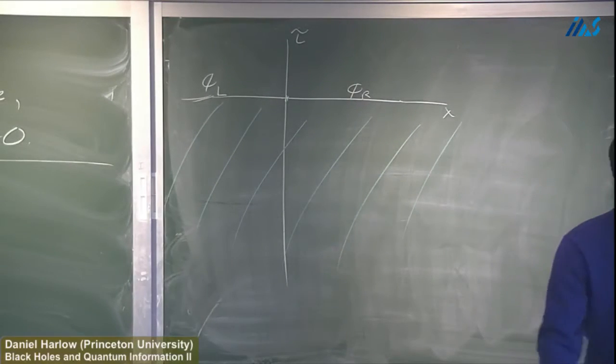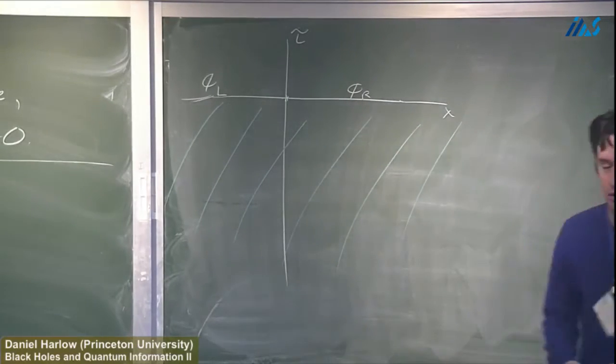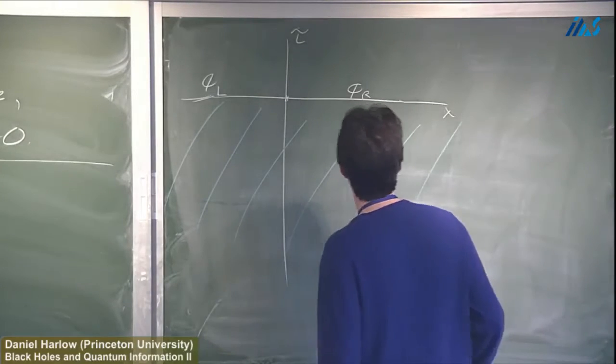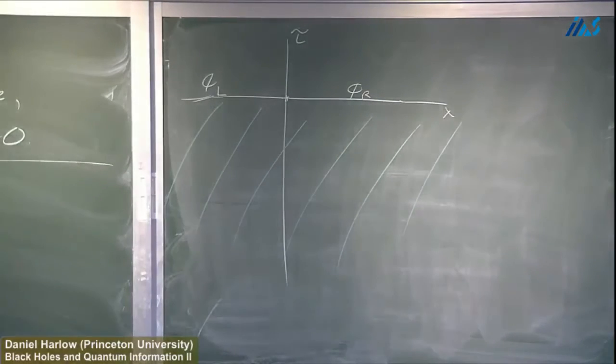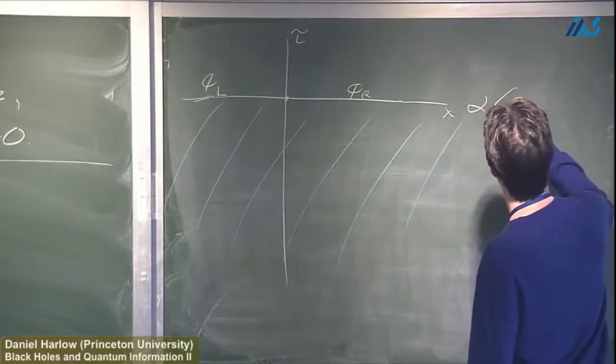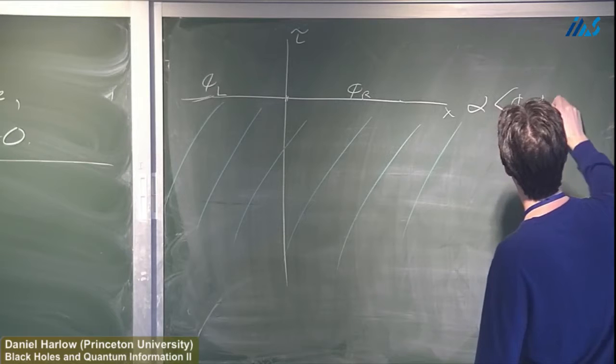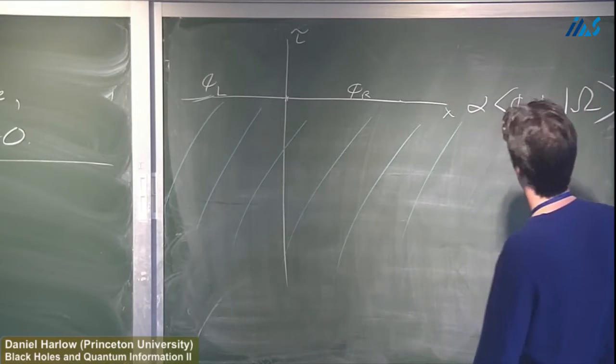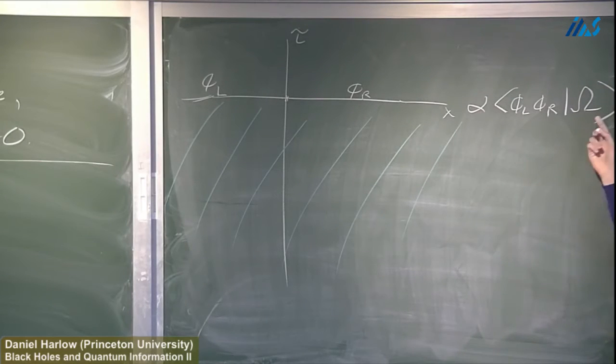If I do it all the way down to minus infinity, that will be computing this. I won't quite have the ground state wave function because there's this normalization issue, but this will be proportional to phi left, phi right, the projection of the ground state onto phi left and phi right.